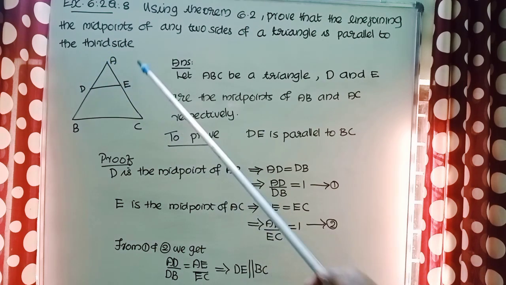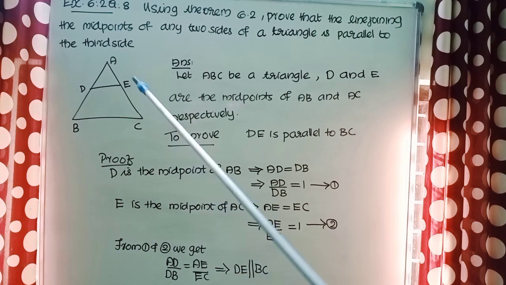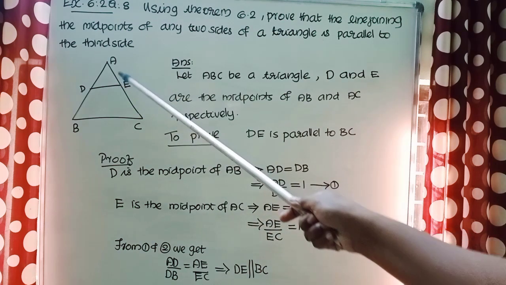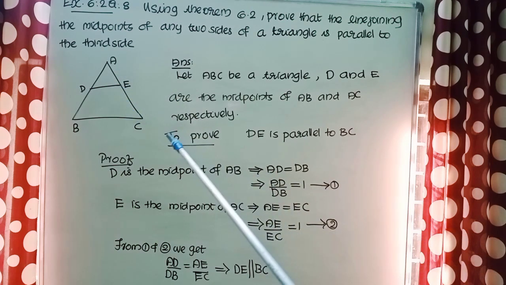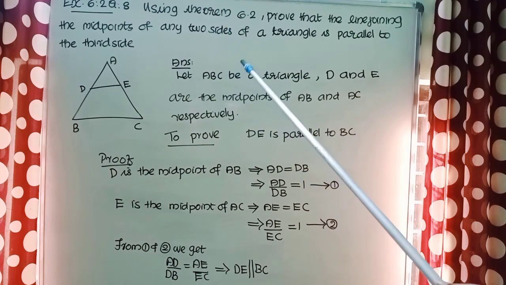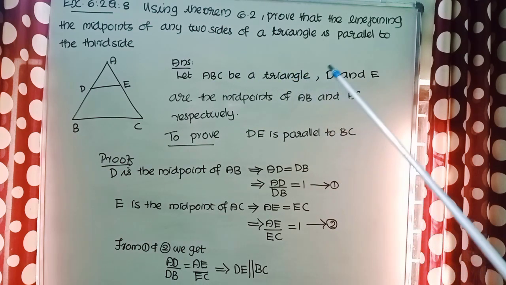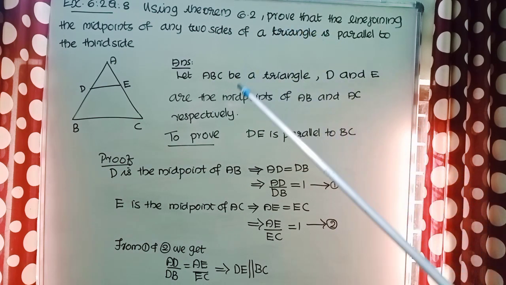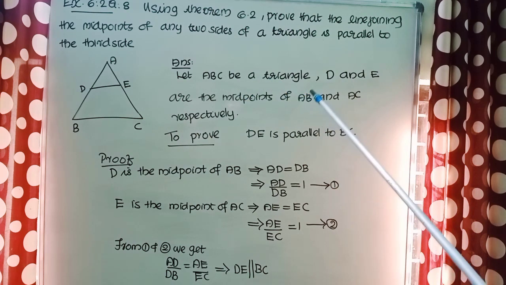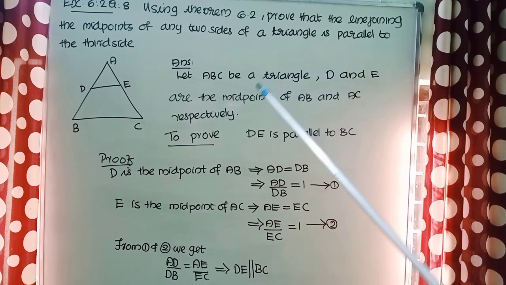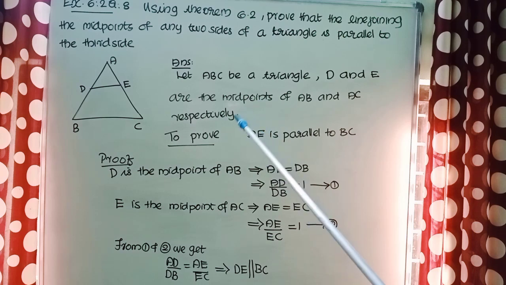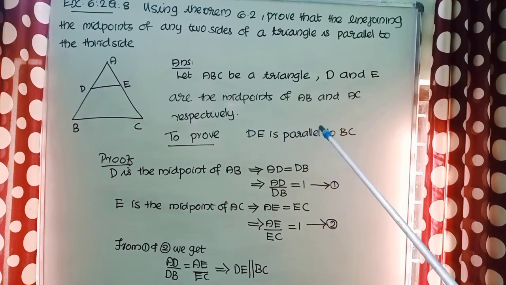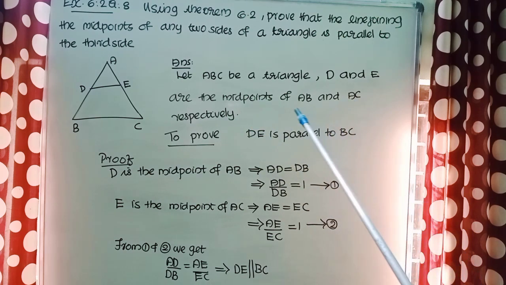And DE is joined. We need to prove DE parallel to BC. So here is given, let ABC be a triangle. D and E are the midpoints of AB and AC respectively. To prove DE is parallel to BC.